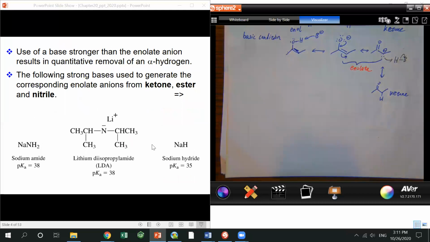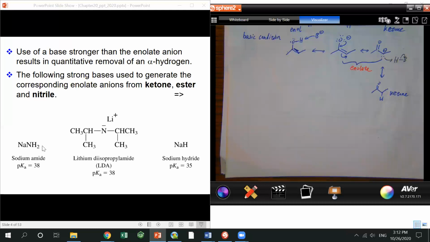As long as you can find a base whose conjugate acid has a pKa higher than 20, you can use it to deprotonate the alpha hydrogens. Here are some common bases.